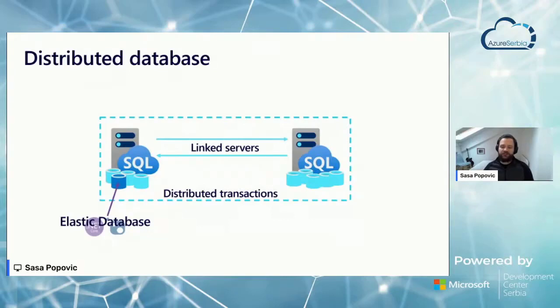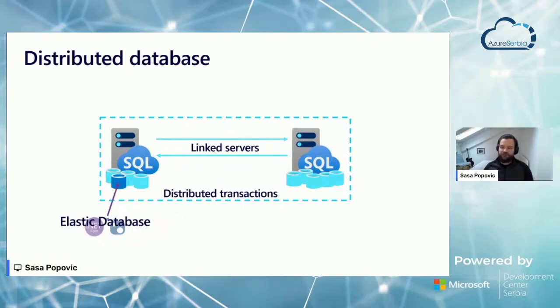We will be using the Elastic Database Library to set up and maintain shards for our sharding. So databases on managed instances will be shards, and one of the databases on these managed instances will be the shard map database. It is the database that will keep the metadata on the sharding, on the partitioning.